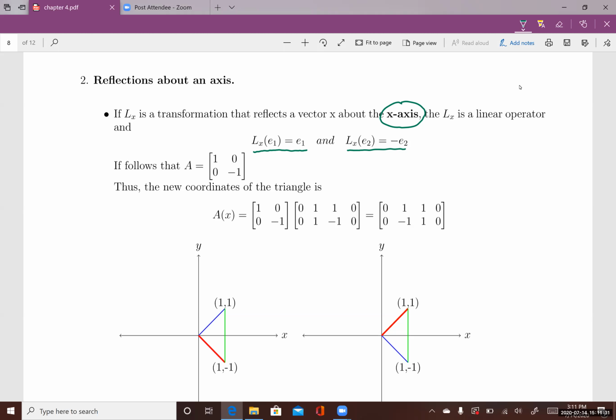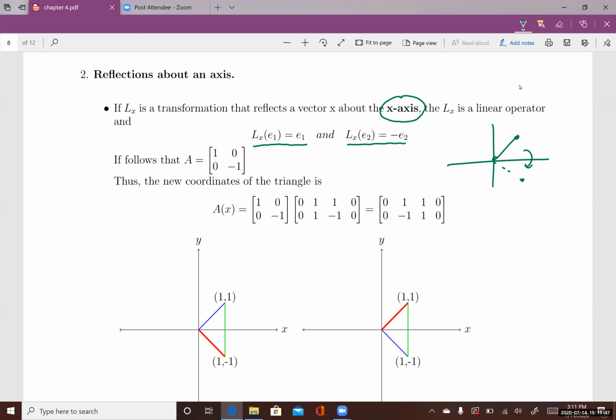about the x-axis, you want to do something like this. If you start here, then after you reflect it, you have it here. As you can see, when you reflect it, you keep the same x coordinate, but the y coordinate flips from positive to negative, or from negative to positive.